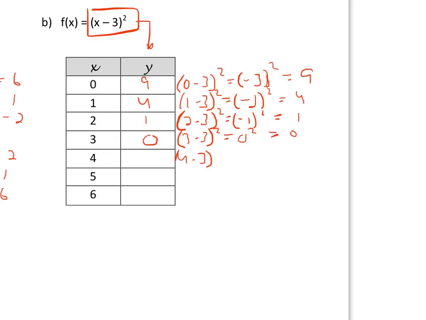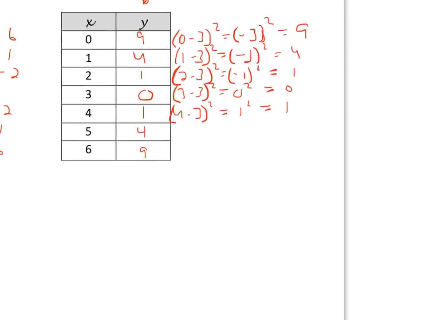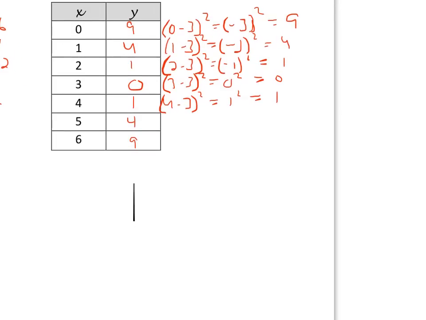4 minus 3 is 1. We square that. Now we're at 1 again. And it's going to work out for the other two. We will end up with 4 and 9 again. So if we graph that, I have 0 and 9, so 1, 2, 3, 4, 5, 6, 7, 8, 9.